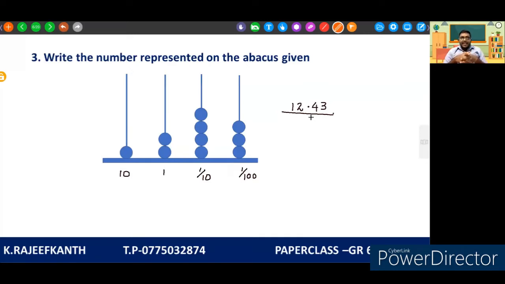Here the place value of 1 is tens, of 2 is ones, of 4 is tenths, that means 1 over 10. Then the place value of 3 is hundredths, 1 over 100. So the number is 12.43.